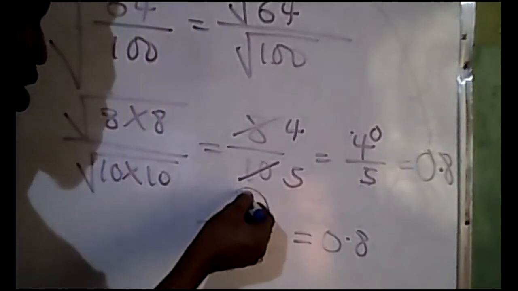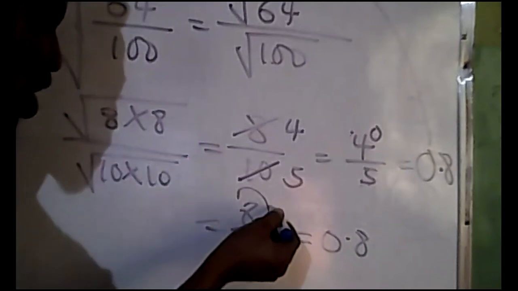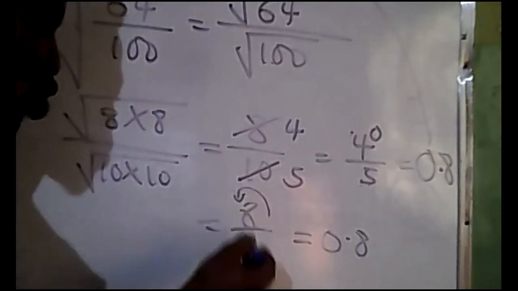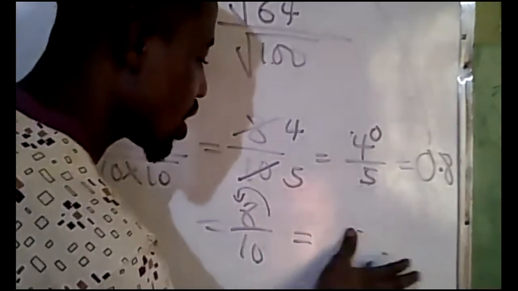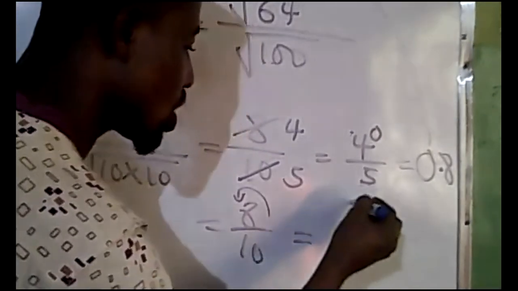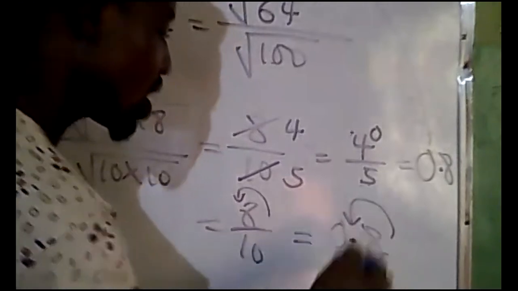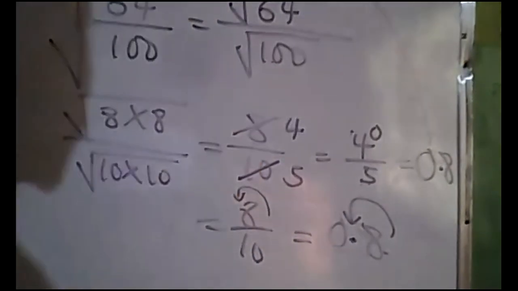Just do this. This 0 means you move in one time. If you write your 8 and move in one time, it will be point and put 0 here. So it's 0.8. All right, let's go to the next one before we round off the class for today.